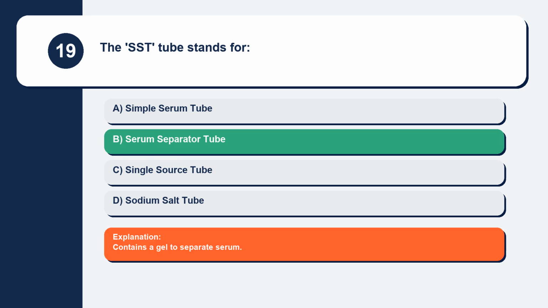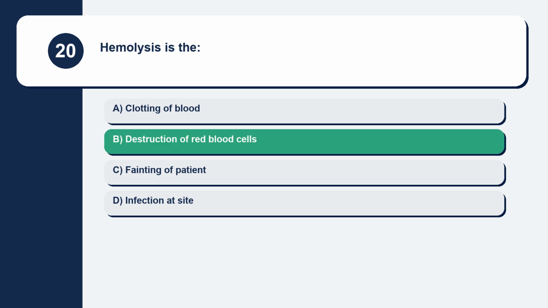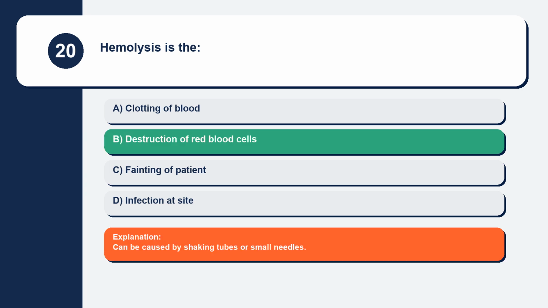Contains a gel to separate serum. Question 20. Hemolysis is the clotting of blood, destruction of red blood cells, fainting of patient, infection at site. Can be caused by shaking tubes or small needles.